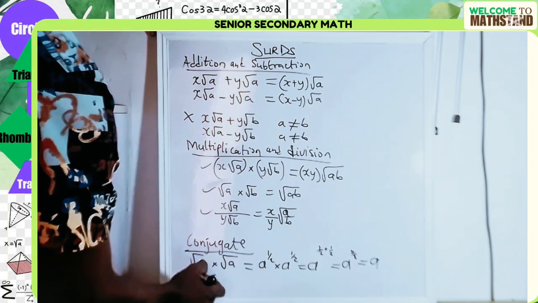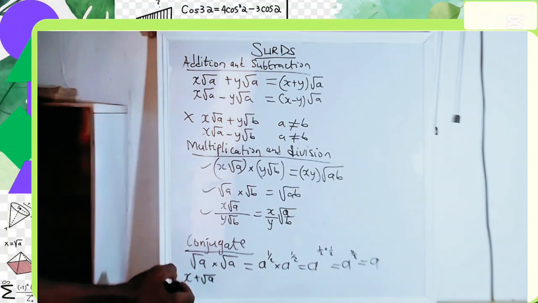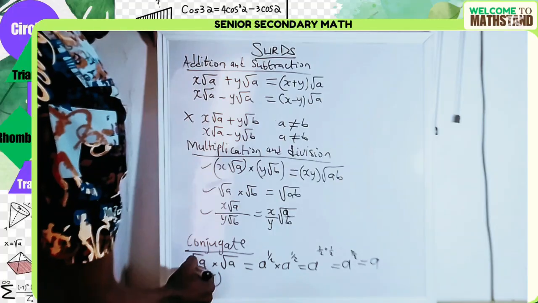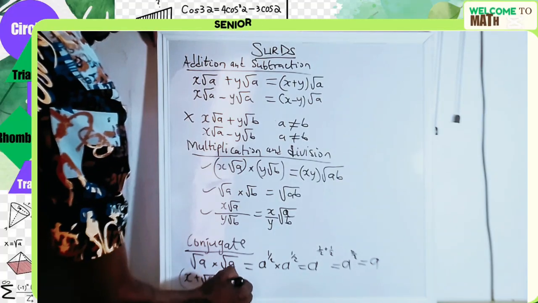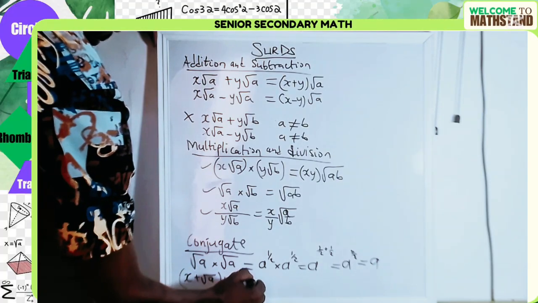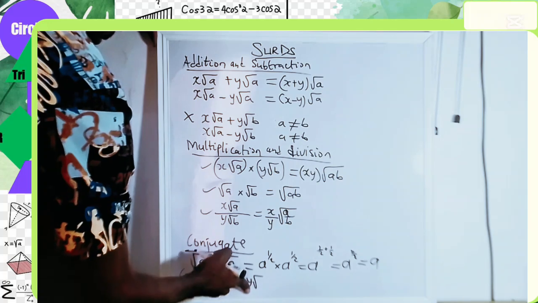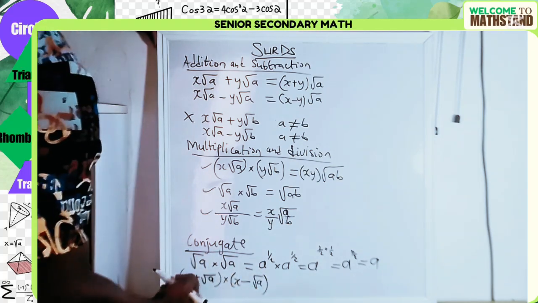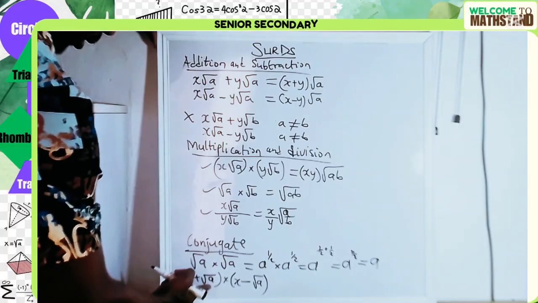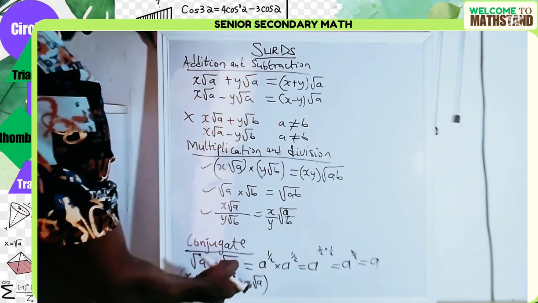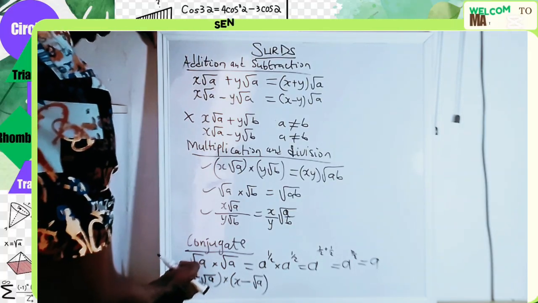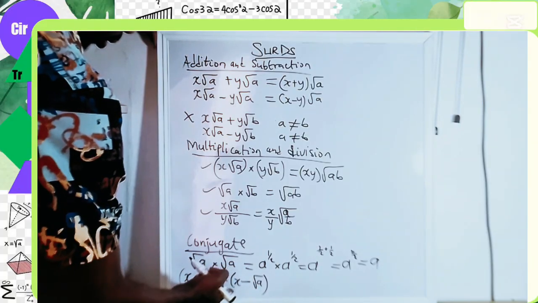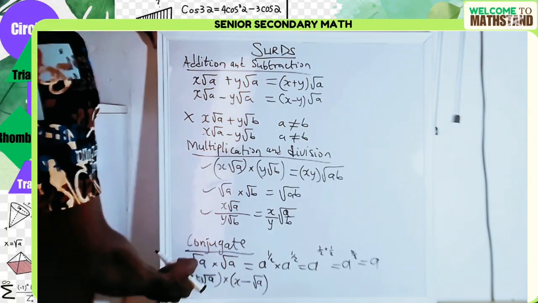Another conjugate: let me use x plus √a. The conjugate of this will be x minus √a. You can see the difference here. The thing that can rationalize x plus √a is x minus √a, and the same thing, the conjugate of x minus √a is x plus √a.